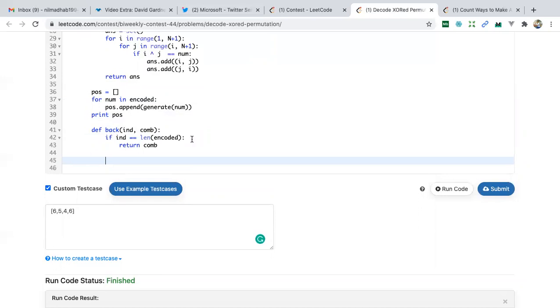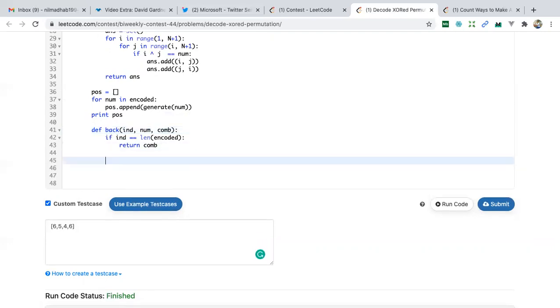So what will we try is we have index, and we also have the number, right? So which should be the first element, like number.